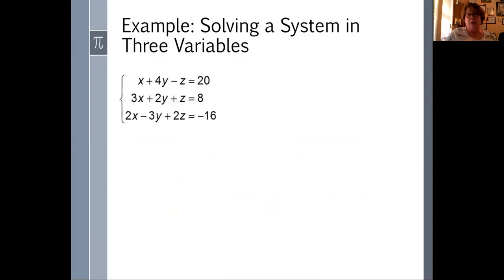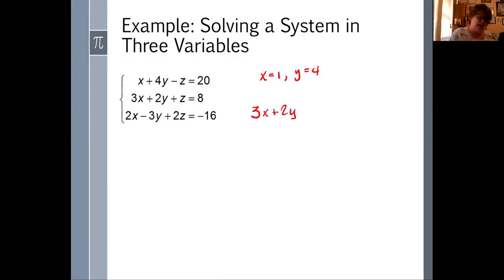So here are my 3 original equations. I have x is 1 and y is 4. I can pick any of the 3, one or half a dozen of the other. I think the second equation is the easiest because the coefficient in front of the z is +1, so I'll choose that one.